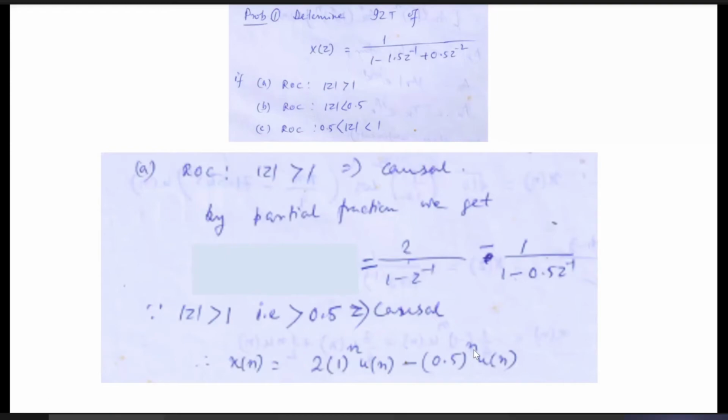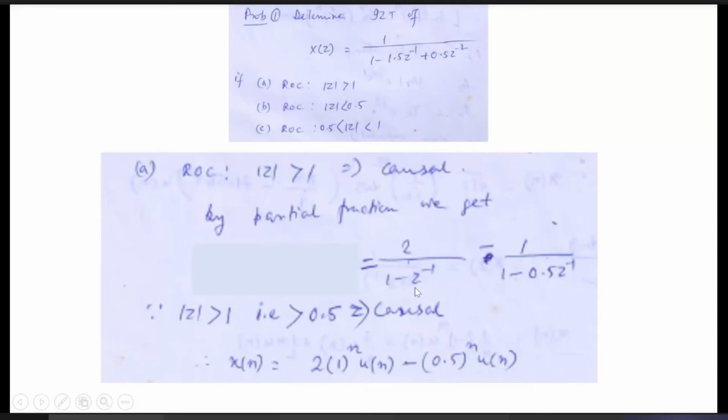It is 1 by 1 minus a z inverse. Okay, so 1 by 1 minus a z inverse.